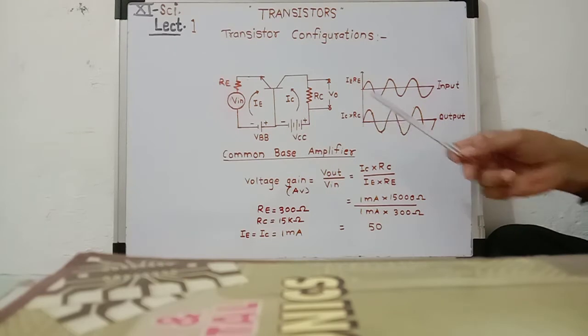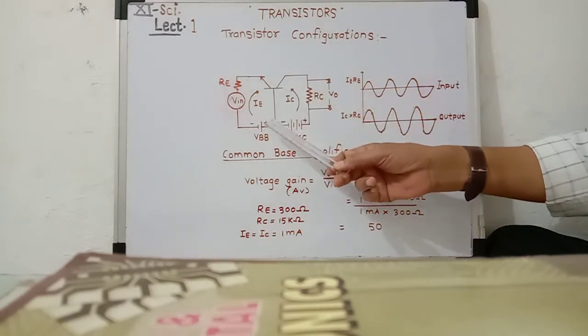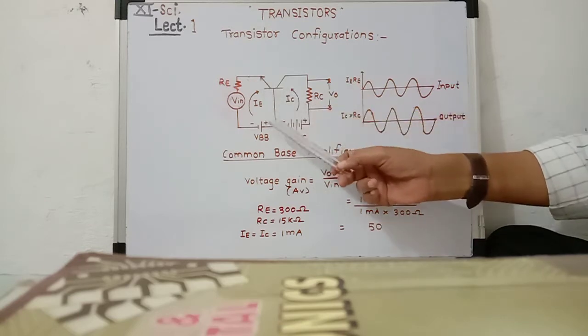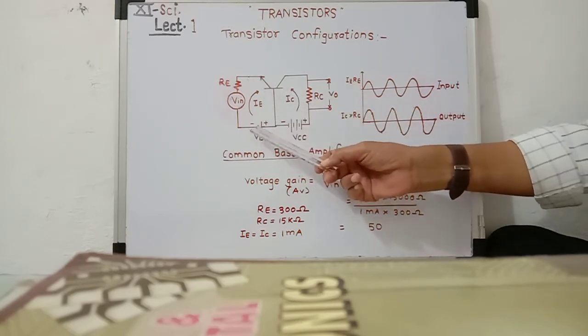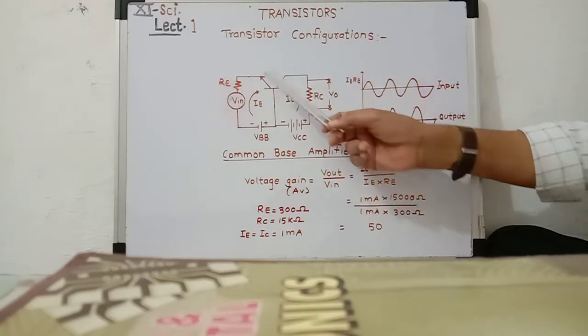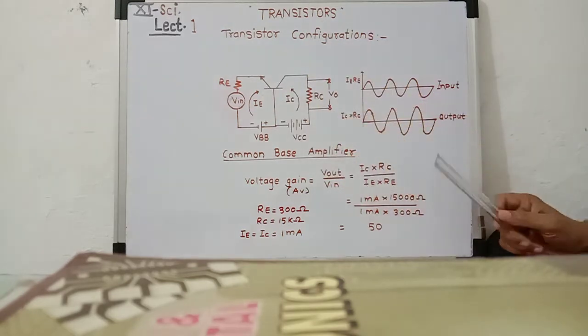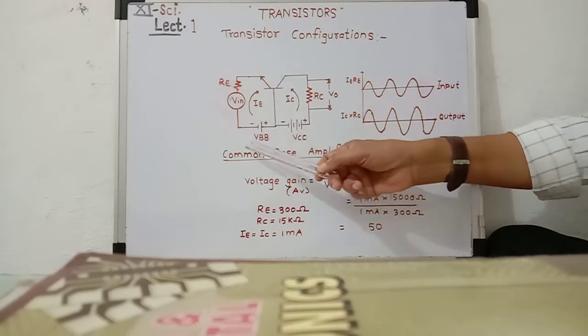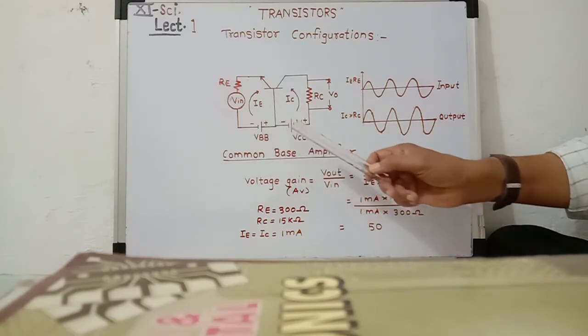Now, the base emitter junction is forward biased by using the battery VBB.